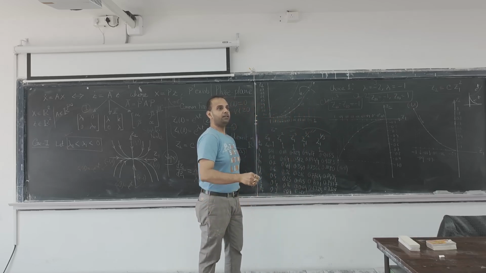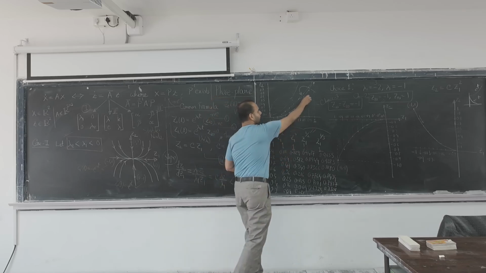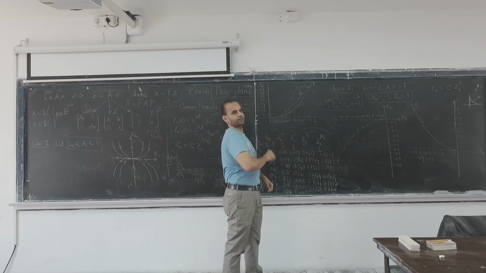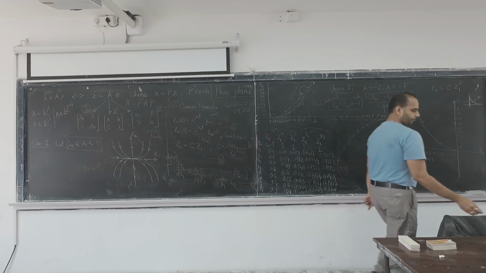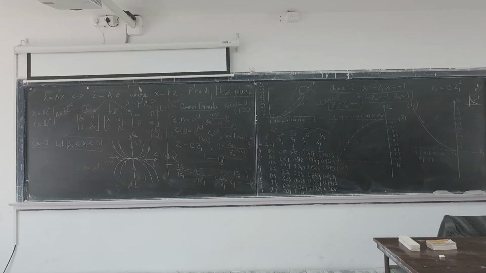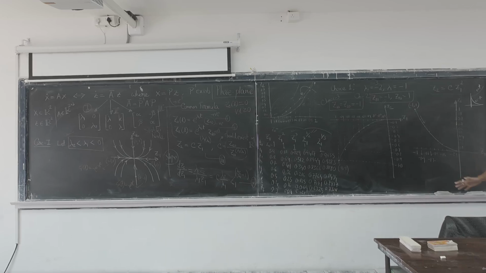But if you simply extrapolate the graph, then it will go like this. Okay. Is it fine? Anybody, any doubt? At this moment, please check your notebook. All of you take one or two minutes more to check the entire thing. I'm still here.